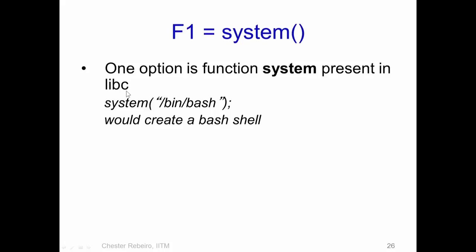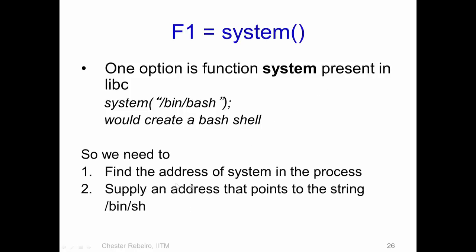So, what this means is that in your process's address space there is the function system. So, what the attacker would need to do now is to just identify in your process's address space where the system function resides.